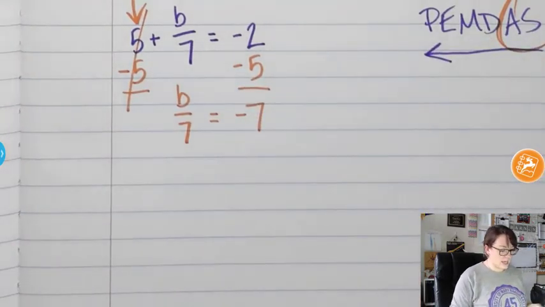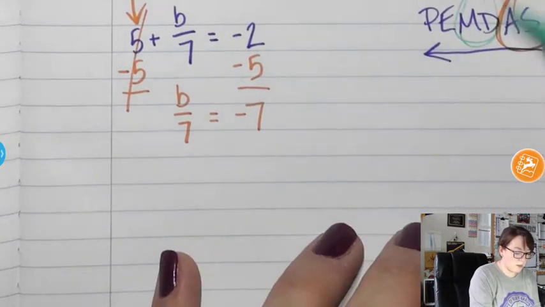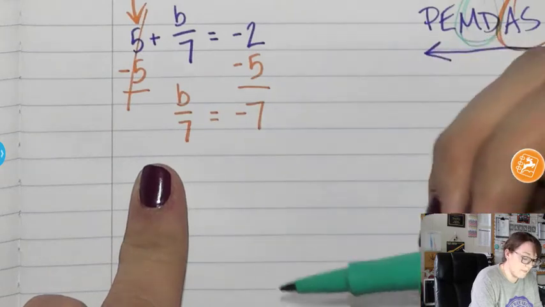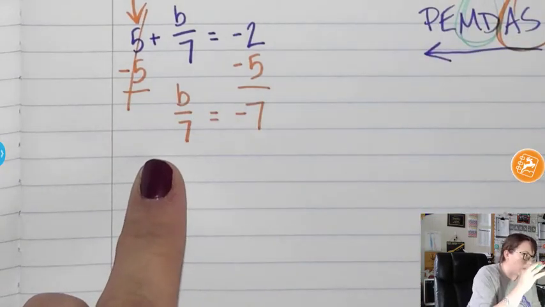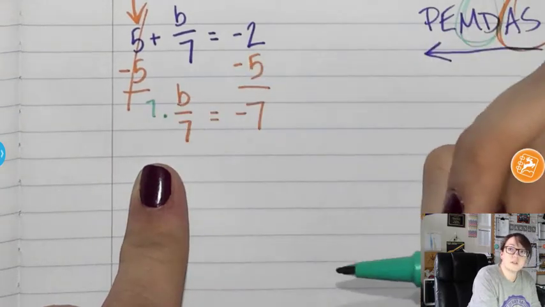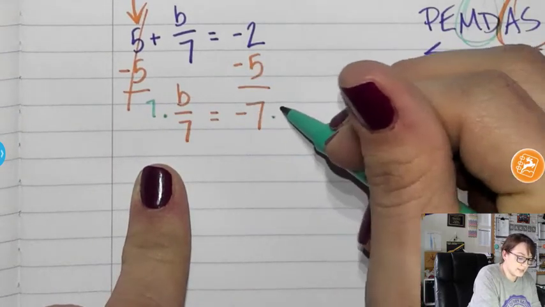Now do you see any multiplying or dividing? Dividing. What is the opposite of dividing by 7? Here's where we show this by doing a dot and a 7. And then a dot and a 7.